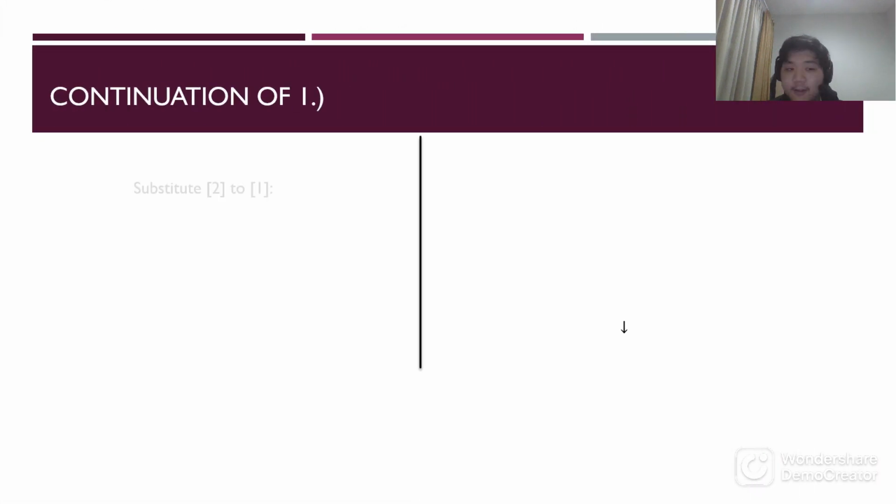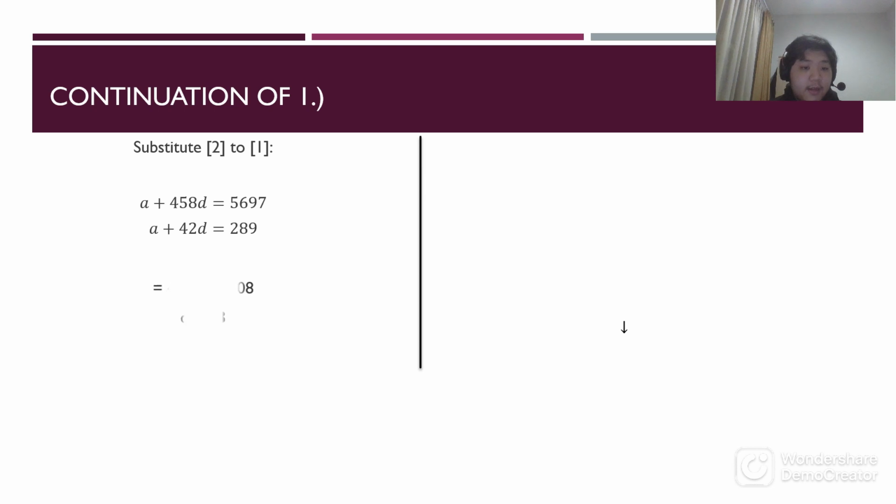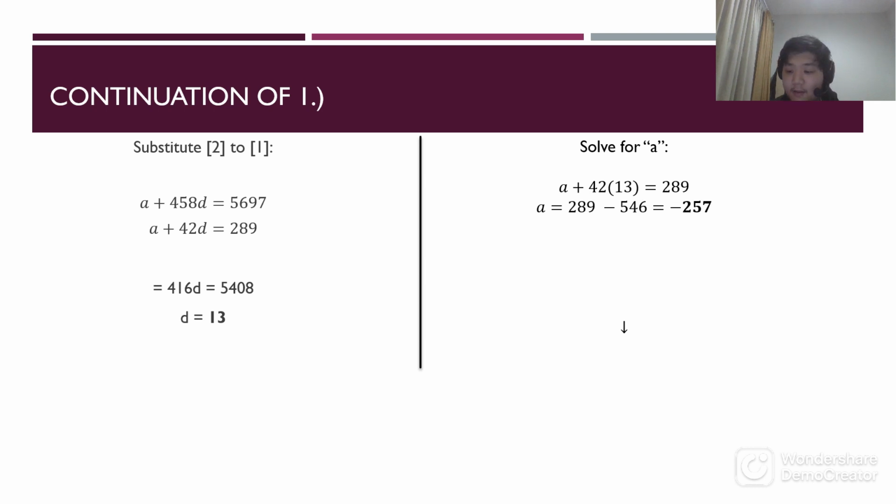After that, we can simply substitute each other so that we can solve for one of the variables. In this part, let's just solve for d. Substituting both equations together, we get d equals 13. Once we know the variable d, we can put it into one of the equations we already know, so we can get a. Solving for a, we get a equals negative 257.